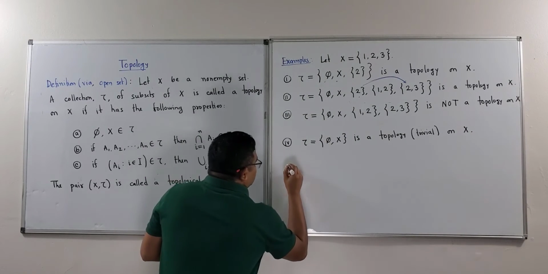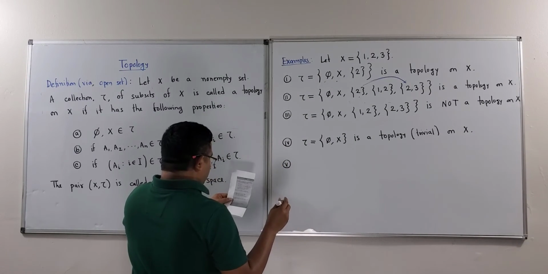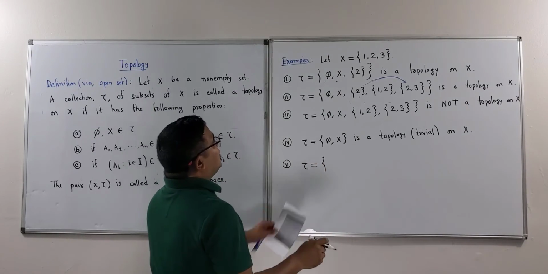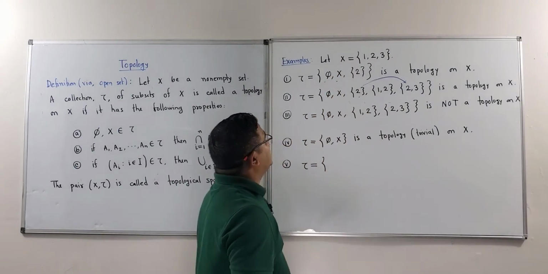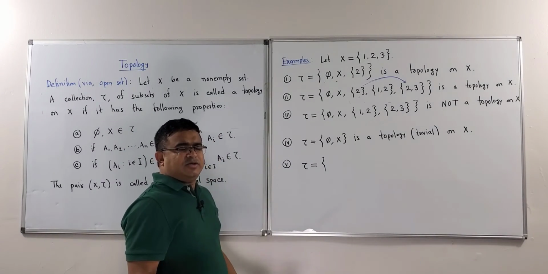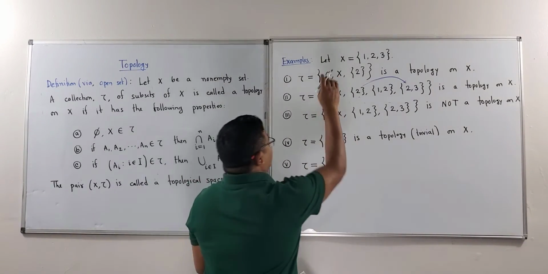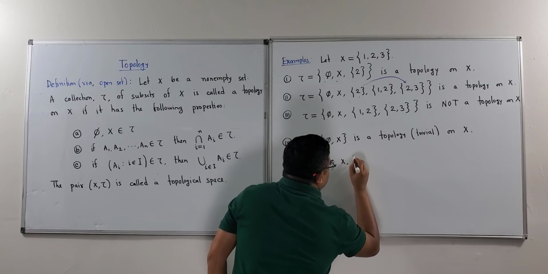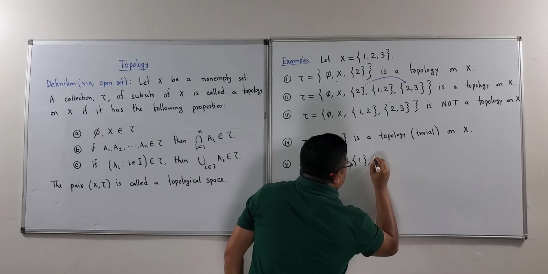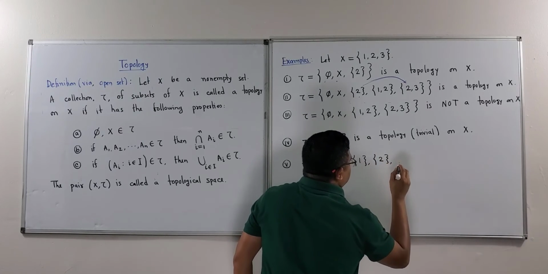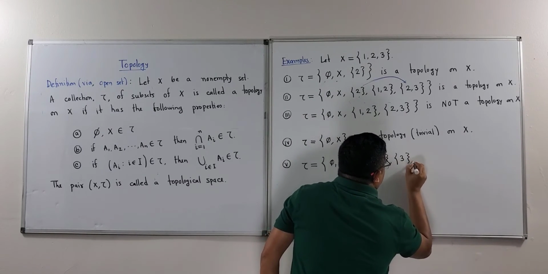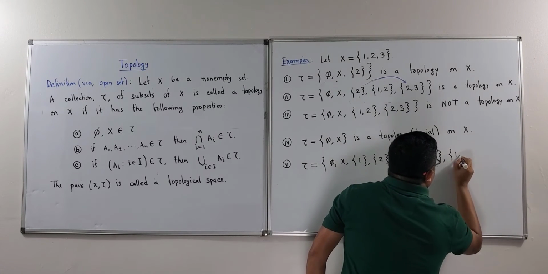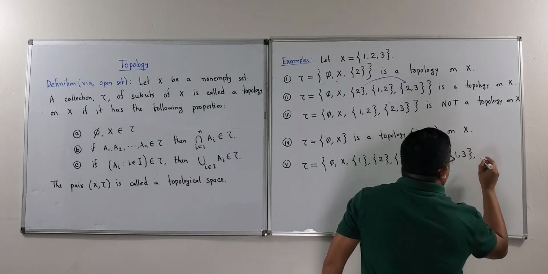Now the fifth example: if you consider tau equals the power set of X. What is the power set? That means the collection of all subsets. The power set means the collection of all subsets of X. So first consider the empty set, then X, then 1, then 2, then 3, then 1 2, then 1 3, then 2 3.